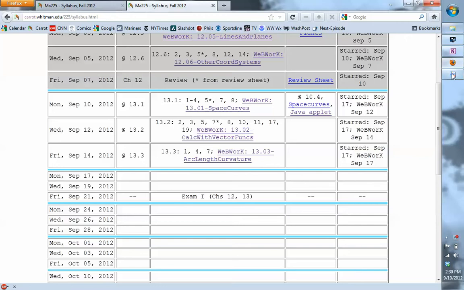Also, in the supplementary section of today's work, you'll notice that I refer to a section of the book that we actually haven't talked about. That is a review or a discussion of what are called parametric equations, which some of you may have seen in other math classes.